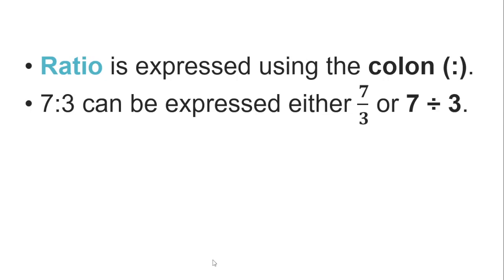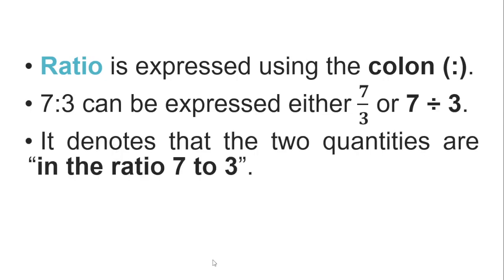So it denotes that the two quantities are in the ratio 7 to 3, which implies that the first number is 7/3 times the second number, or alternatively, the second number is 3/7 times the first number.